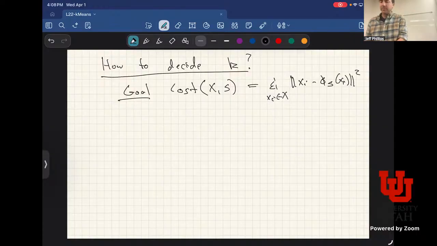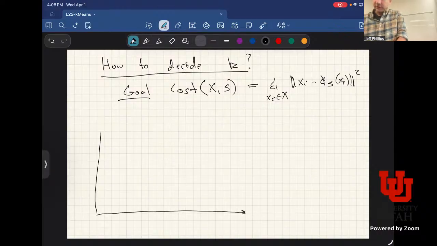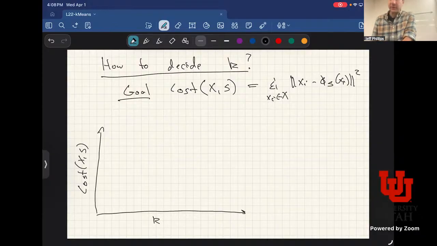I'm a big believer in trying to plot stuff when you're unsure. So what we're going to do is look at the cost function.